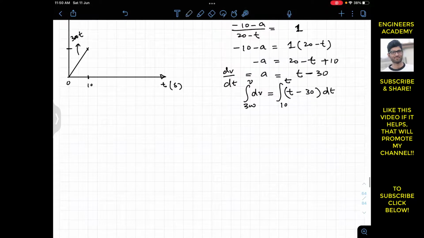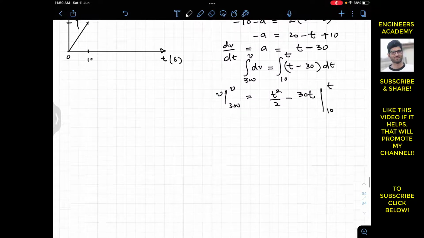So now again, if we integrate, the left side will be v from 300 to v, and then the integration of the right side will be t square divided by 2 minus 30t, from 10 to t.